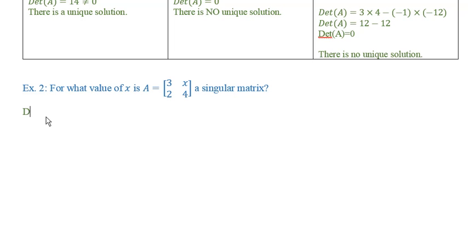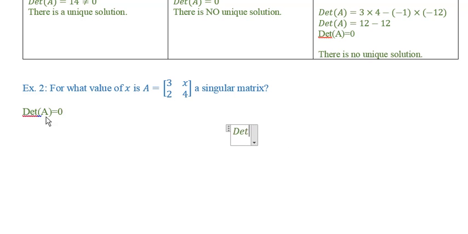So what this is really saying is find the value of x so that det of A is equal to 0. That's really what it's asking. Again, you need to know that the terminology singular matrix means a determinant of 0. So it's saying for what value of x is that going to be 0? So we set up a little equation.